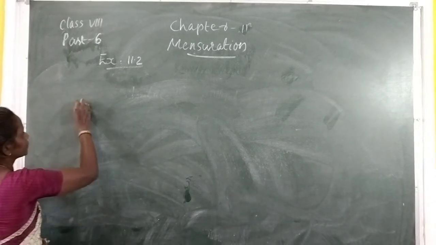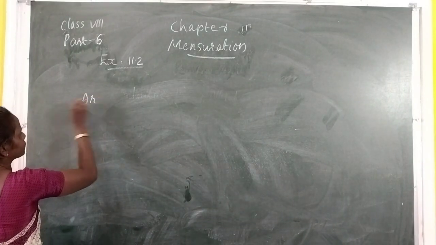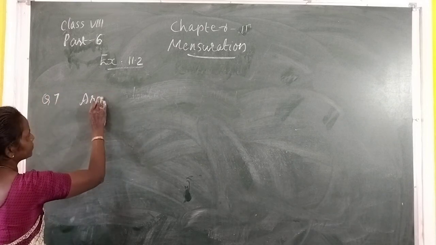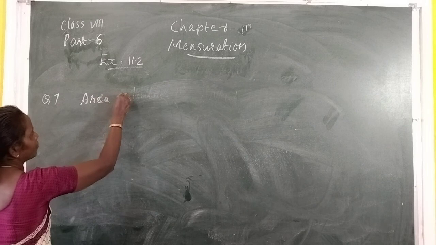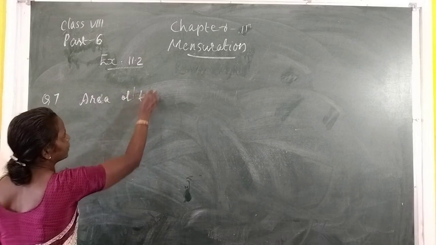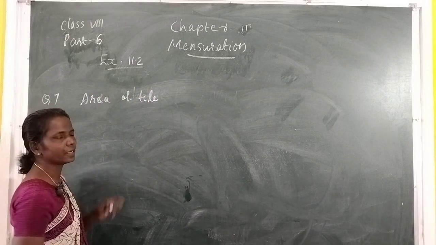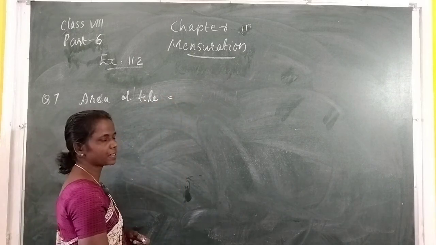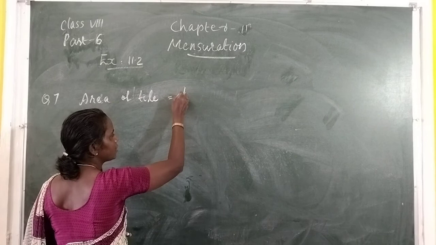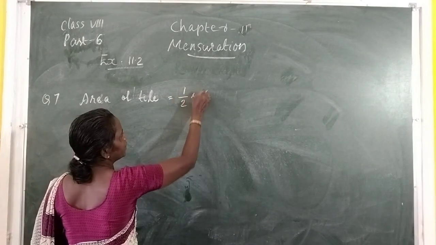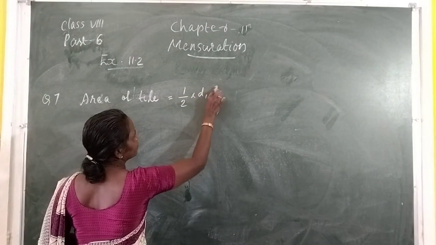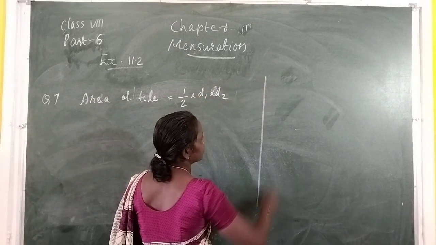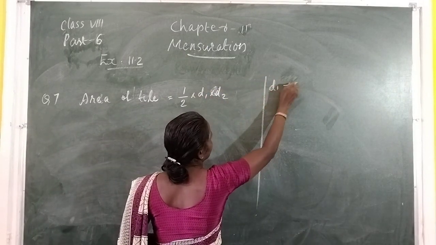So first, area of a tile. One tile is which shape? Rhombus shape. So which formula can we use? Half into D1 into D2. Here what is D1?